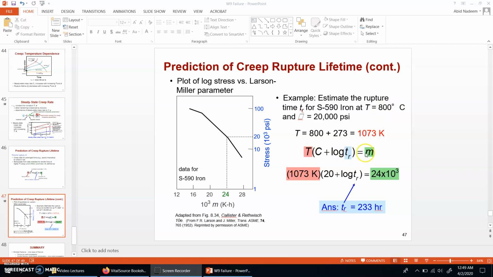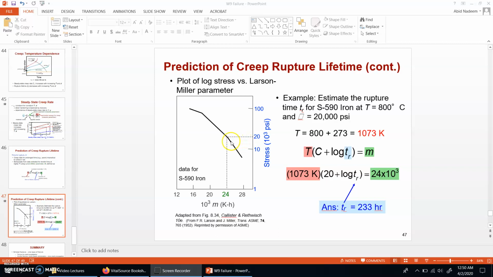We can apply this equation: 1073 times, plus C, as has been told, C is a constant which is normally taken as 20, plus log of TR. That will be equal to 24 times 10 to the power 3. This 24 times 10 to the power 3 we can read from this chart.